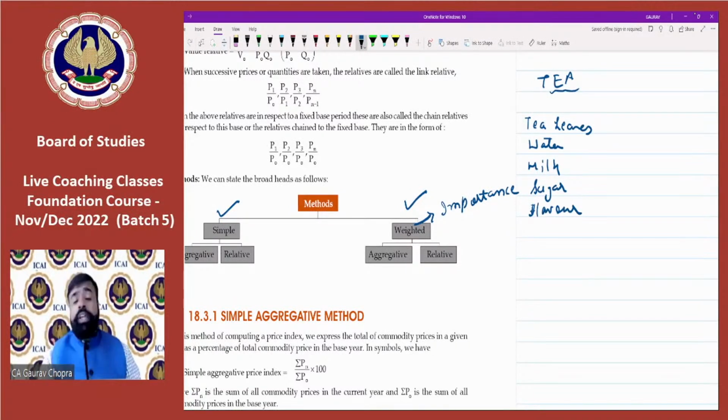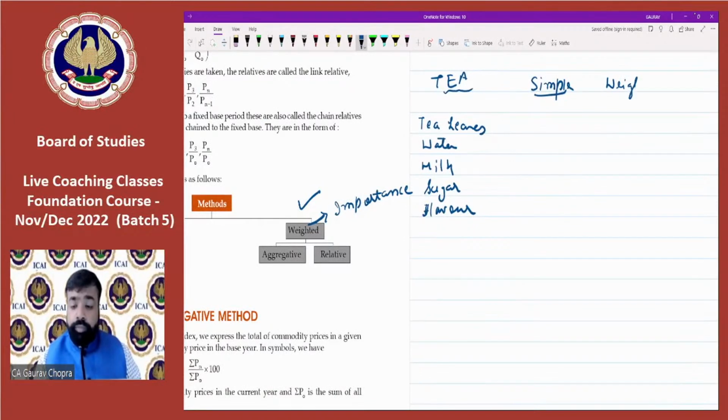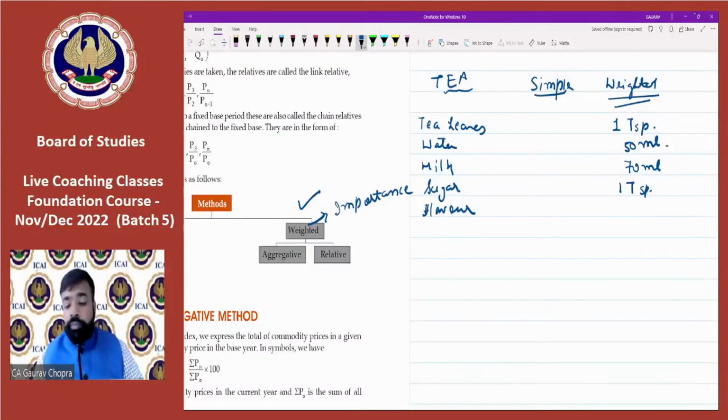Now we have two methods, simple and weighted. Weighted shows how much quantity we have to add. Tea leaves, 1 tablespoon. Water, 50 ml. Milk, 70 ml. Sugar, 1 teaspoon. Flavor, 2 drops. So all these quantities are showing the weights.